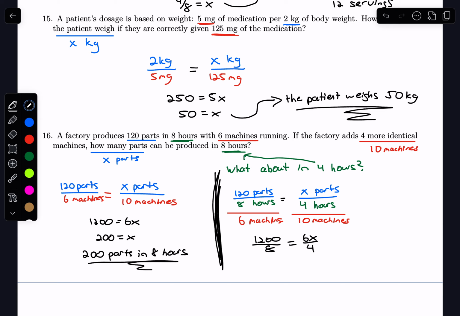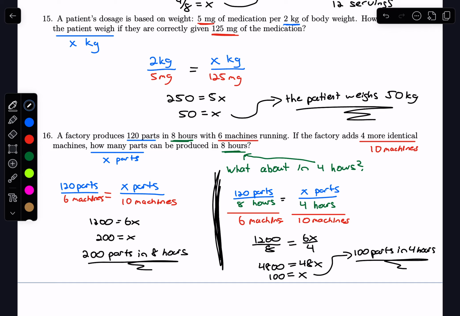But notice, I still have a proportion, so I can do it again. If I cross multiply now, 1200 times 4 is 4800, and 8 times 6x is 48x. If I divide both sides by 48, I get that 100 is equal to x. And so that would mean 100 parts in 4 hours. Now notice something.